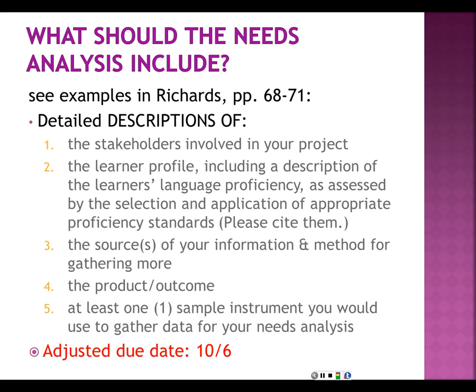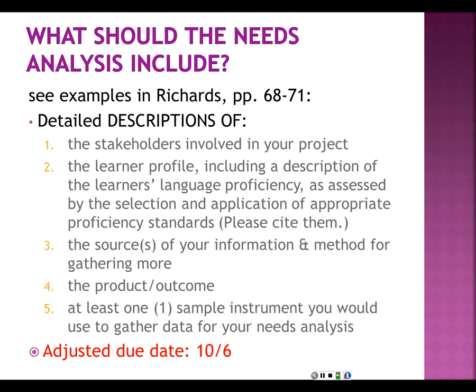In other words, I have decided to divide the needs analysis project into two components. One is the survey instrument itself, which you see in number 5. I'm going to ask that to be due on, I'm looking at my calendar here, September 29th.